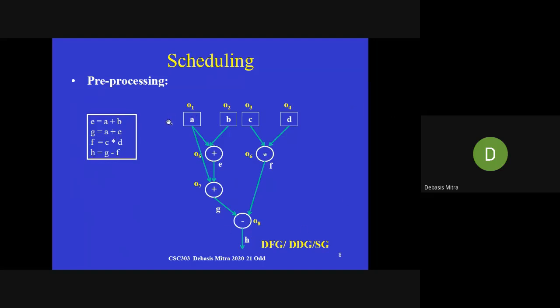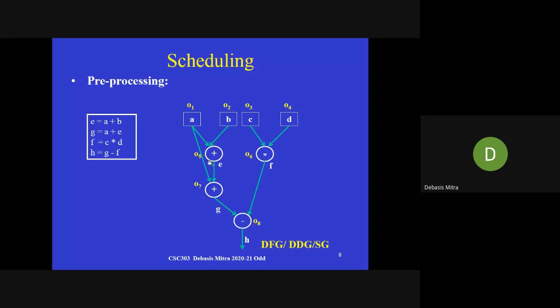Now, in order to find the order, you have to assign the evaluation of different statements at different time steps. This may be called the 0th time step or 0th level, where you just get the values of independent variables A, B, C and D. Now in the first time step, you can evaluate these two statements in any order. The ordering between the plus and the star operation, that means between this first statement and the third statement, doesn't matter.